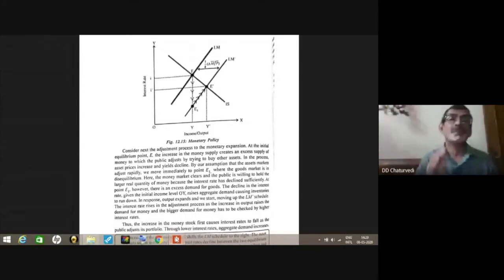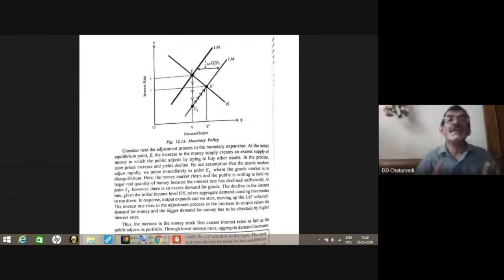That means from E to E1, our money market or asset market is still in equilibrium because asset price adjusts immediately, but the product market does not adjust easily. So ultimately, both money and product market are cleared at E and E dash only.